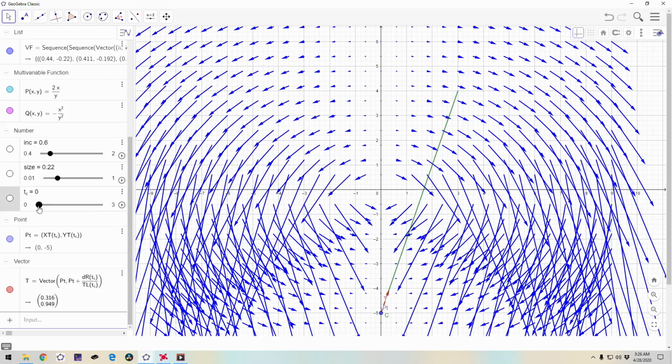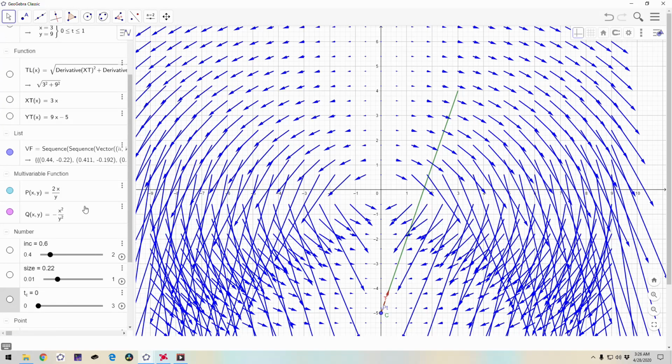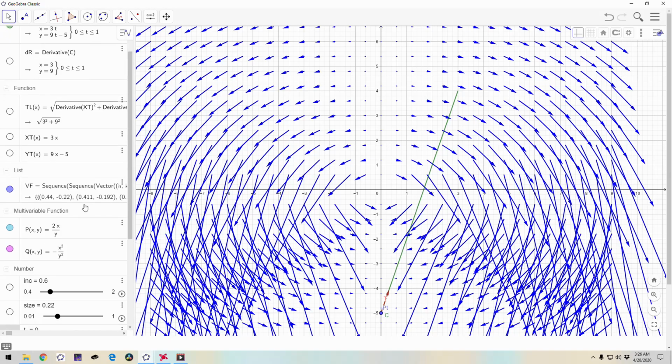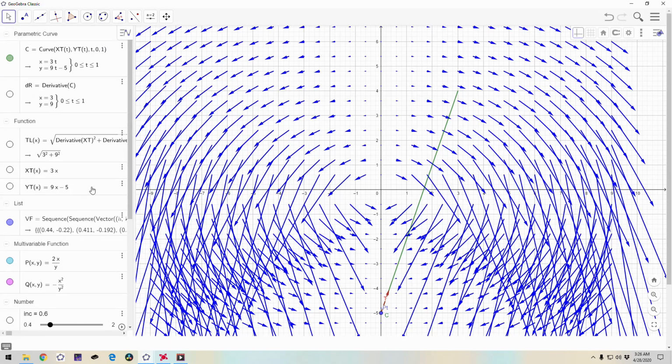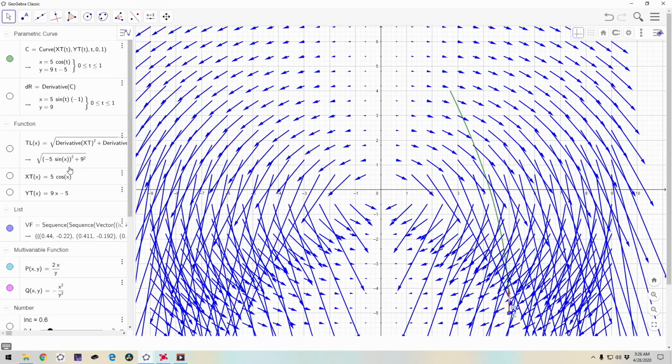Okay, now let's take a look at the other parameterization of it, which would be for me to change these functions here into 5 cosine x and 5 sin x.